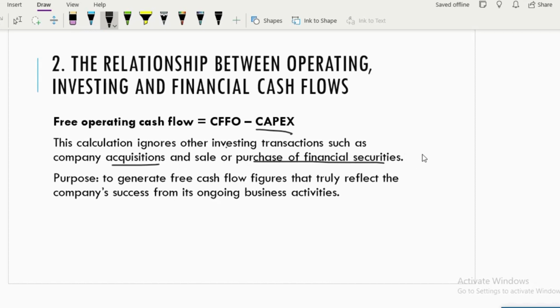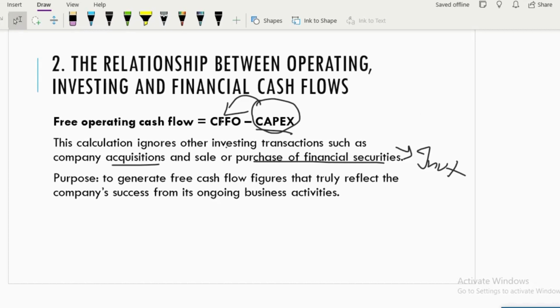When you purchase a financial security, we say it's an investment, right? So it does not include the purchase or sale of investments. It includes only the property, plant and equipment, or capital expenditures, which help us in performing the operations. So this is how we can calculate our free cash flow.